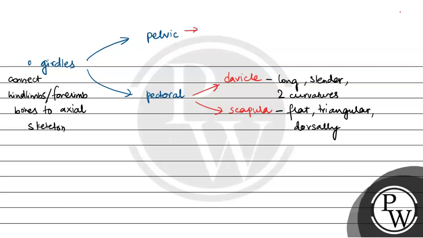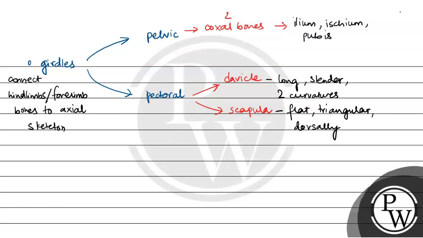The pelvic girdle consists of two coxal bones, and this is further formed by the fusion of three bones called the ilium, ischium, and pubis.